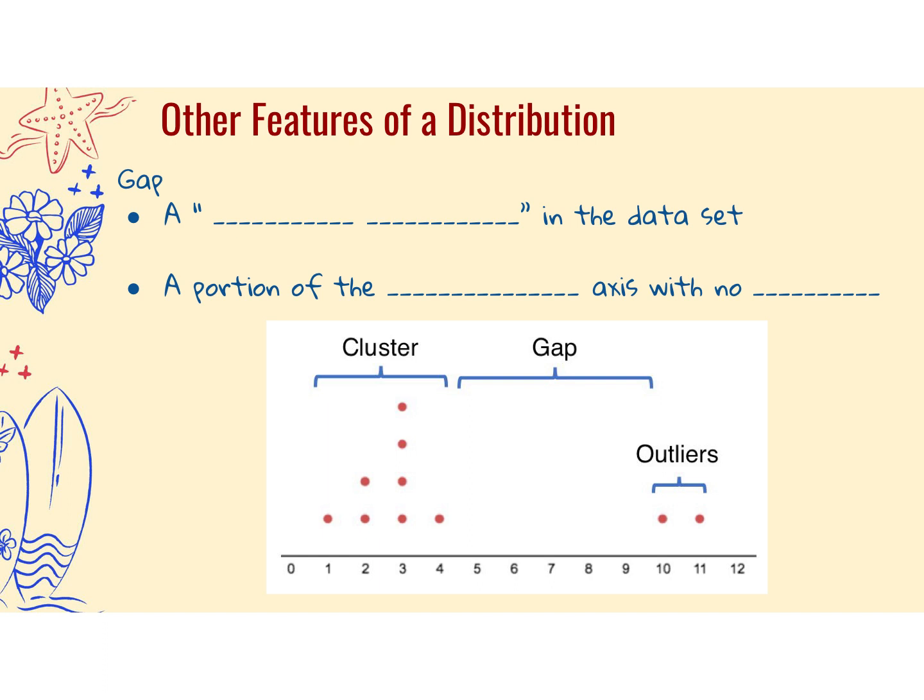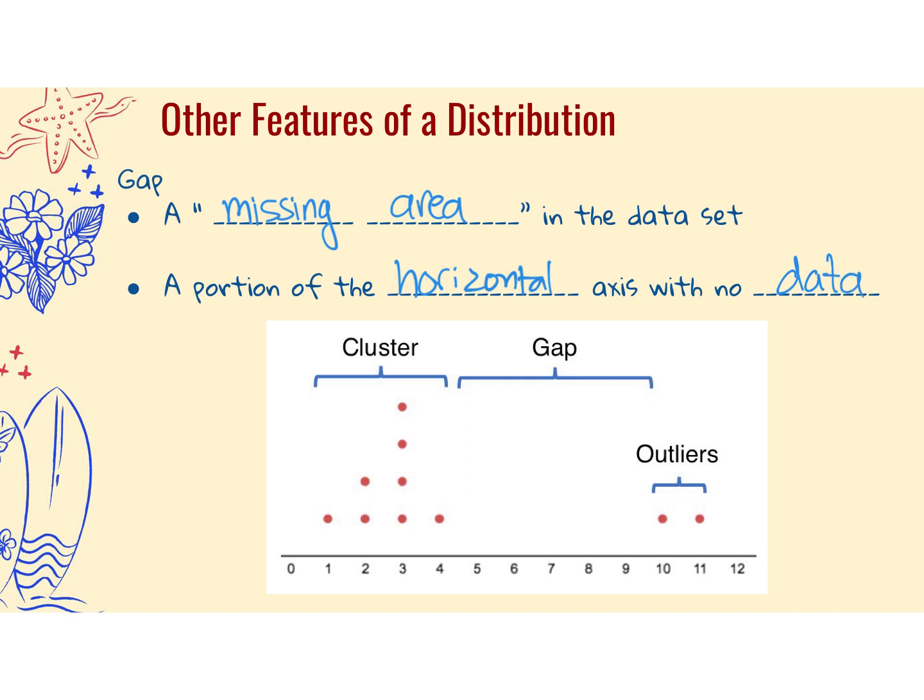And we've already talked about most of these features of a distribution, but we're just going to kind of put some definitions to them. We've talked about gap. That's where you have a missing area in the data set. So it's just a portion of the horizontal axis with no data.